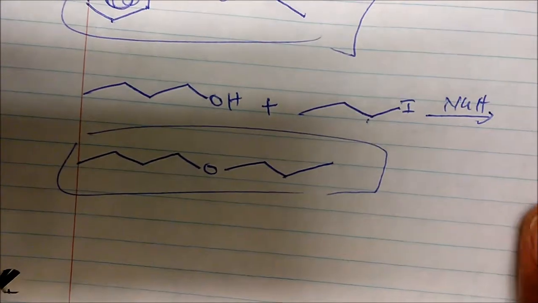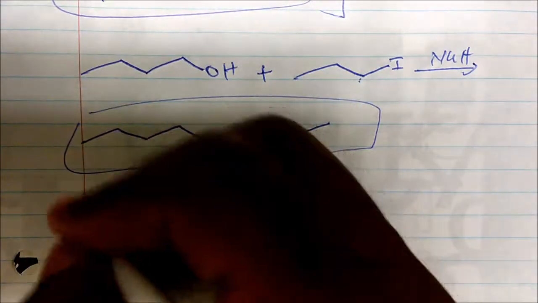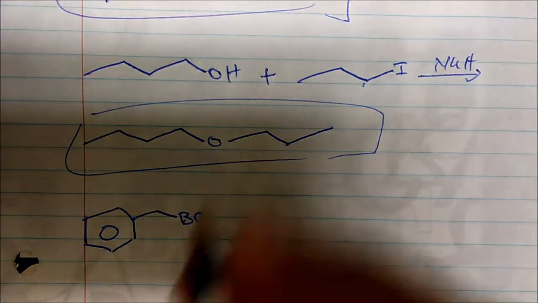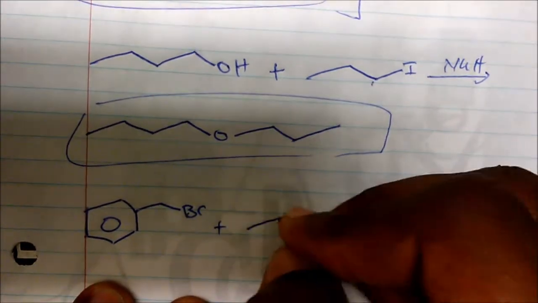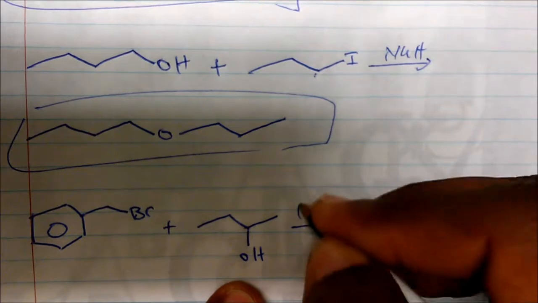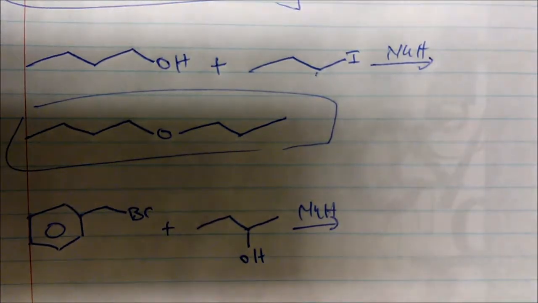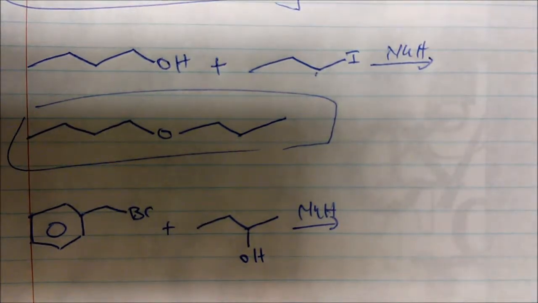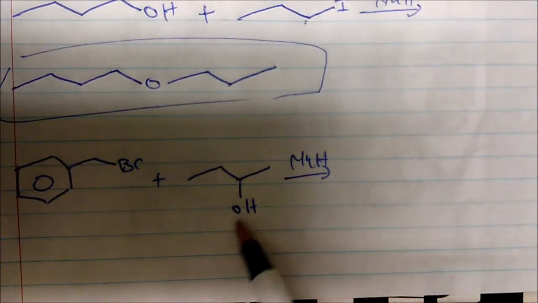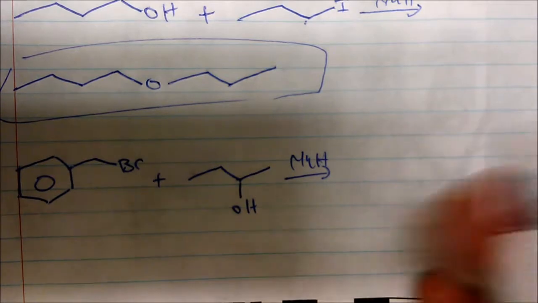So let's look at another example. So what if we added ethyl bromide, this ethyl bromide group here, plus this OH here, and sodium hydride? What would be the product? Well, again, hopefully you'll notice that my oxygen will get deprotonated, and this will serve as my nucleophile.